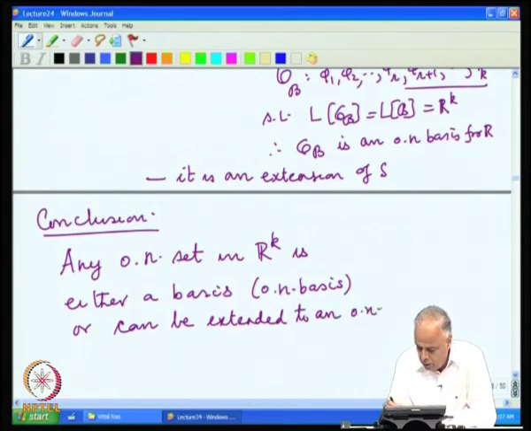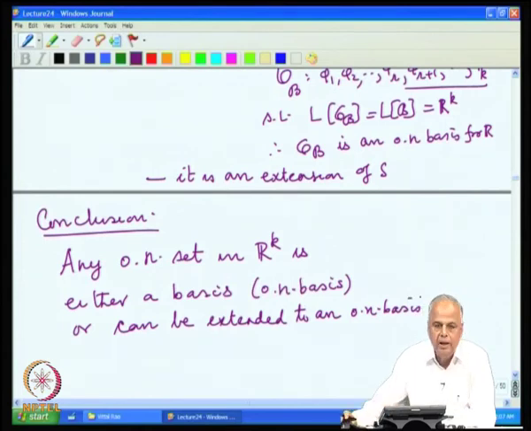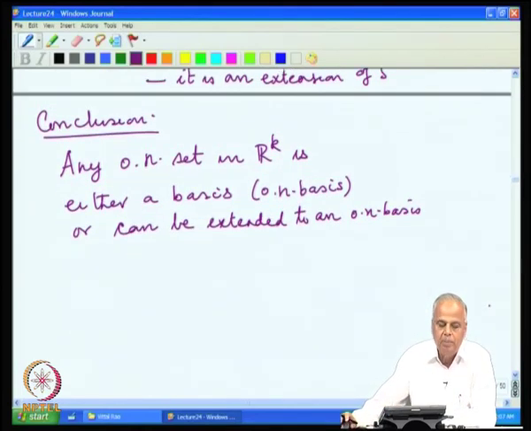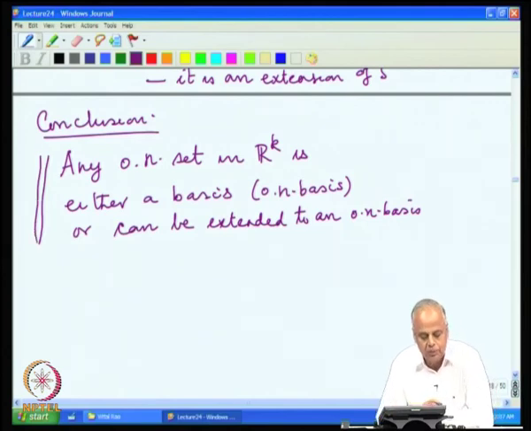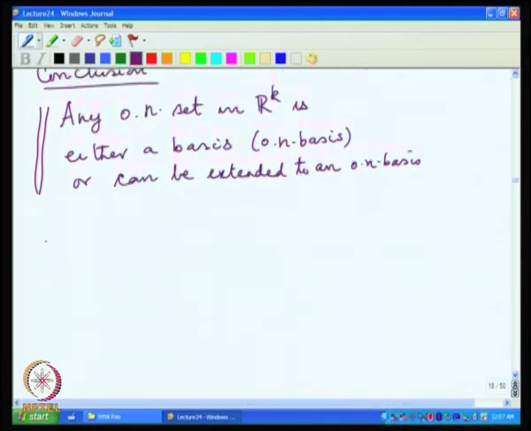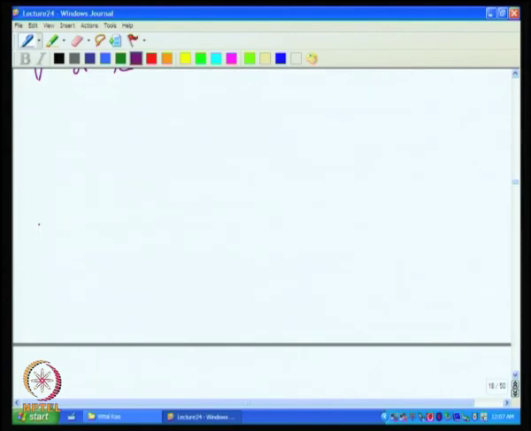This is the question we raised earlier, whether any orthonormal set can be extended to an orthonormal basis. We have now answered that question in the affirmative.